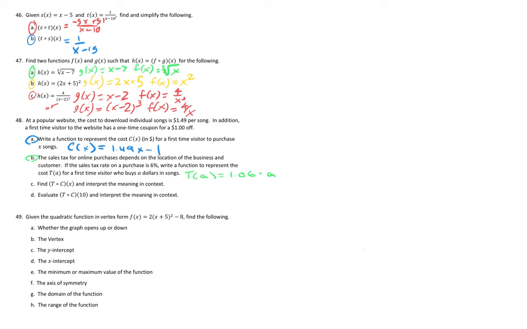Now for C, find T of C of x and interpret the meaning in context. What T of C of x is going to be is where we replace this A here with our cost function. So T of C of x is going to equal 1.06 times our cost, 1.49x minus 1.